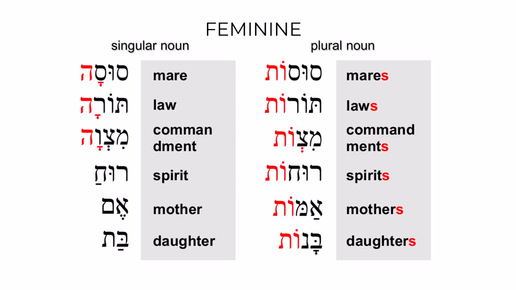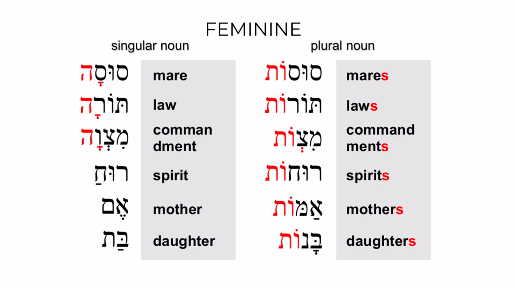Mitzvah means commandment. If you want to say many commandments, you're going to say mitzvot. Ruach means spirit. If you want to say spirits, you're going to say ruchot.